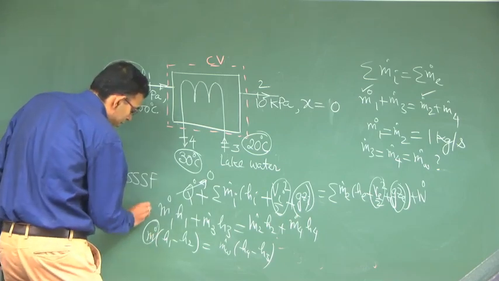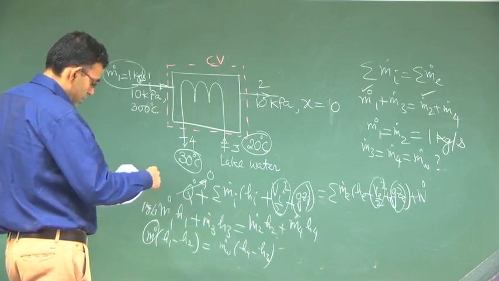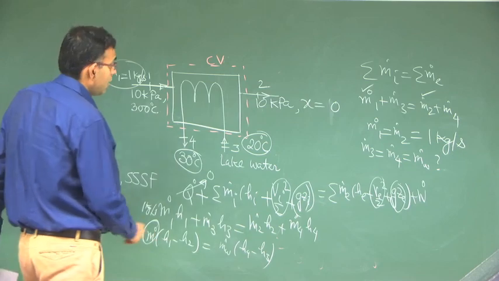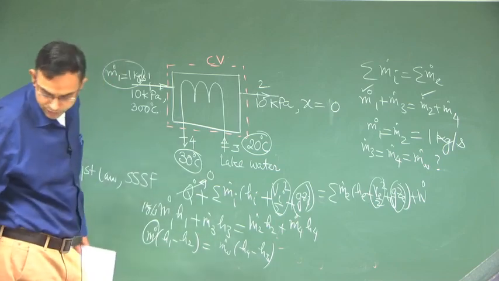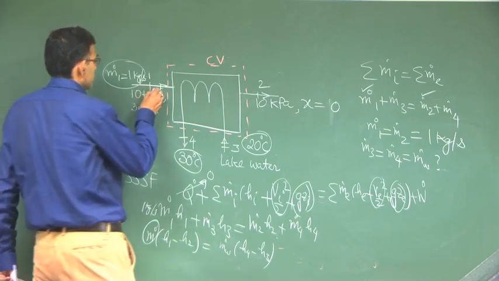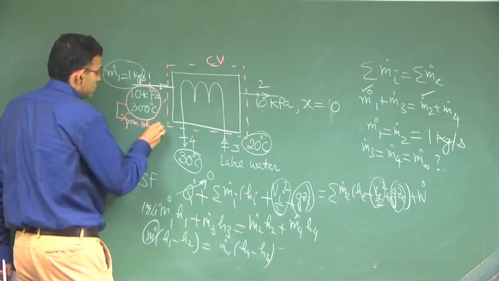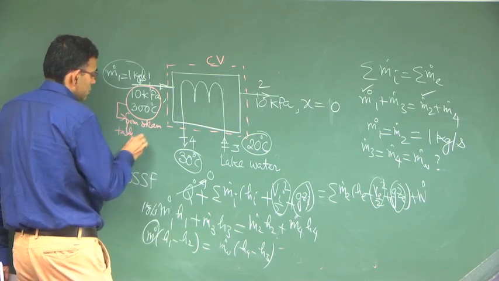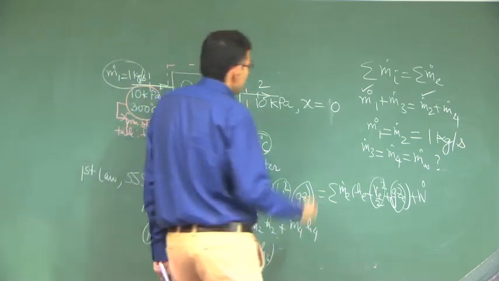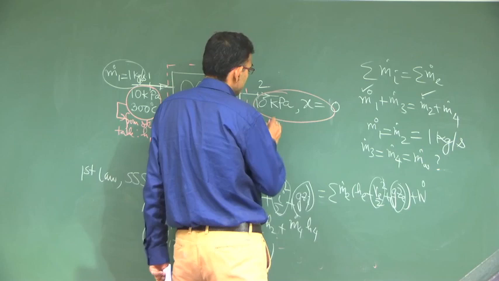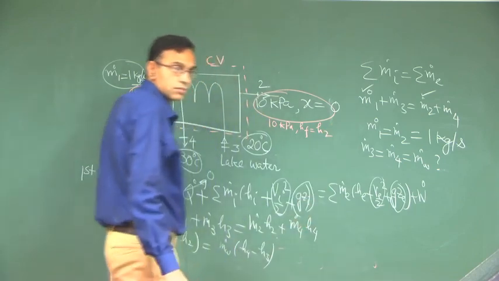So, this is 1 kg per second, and then h 1 and h 2. So, at 10 kPa and 300 degree centigrade, you get h 1, and h 2 is this.